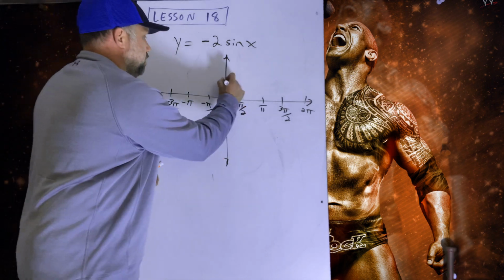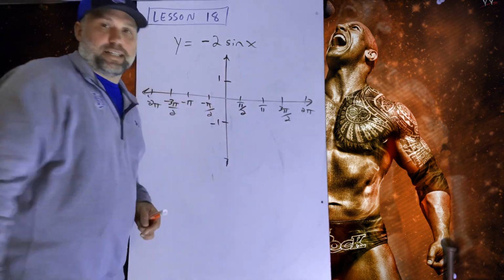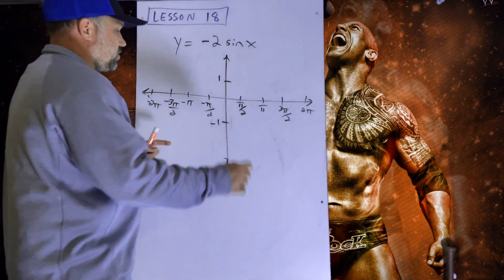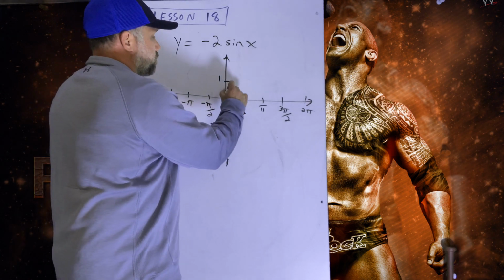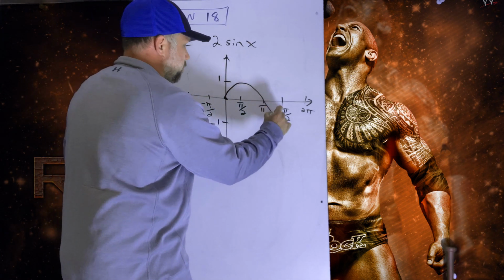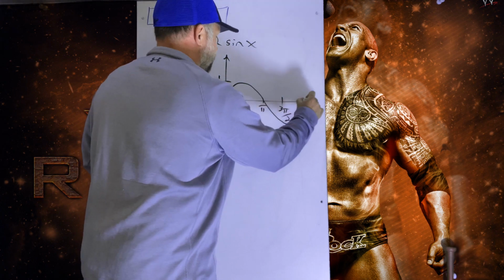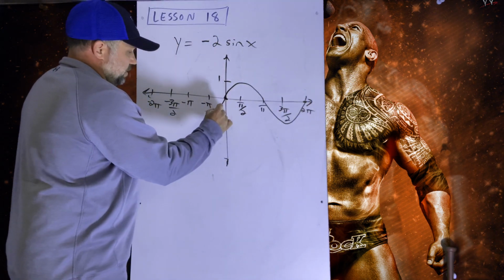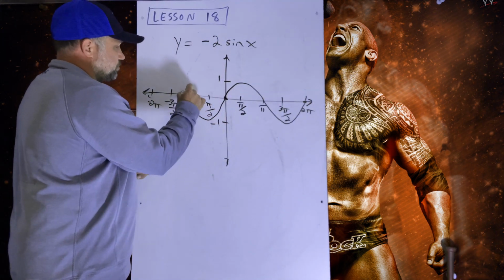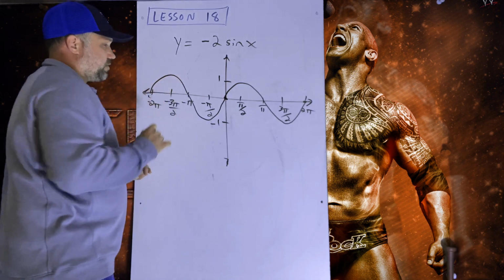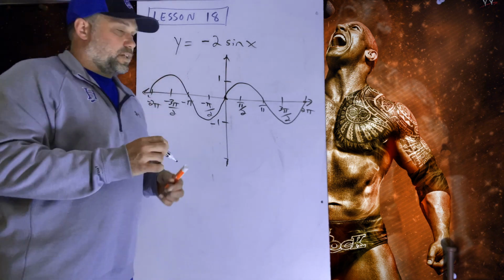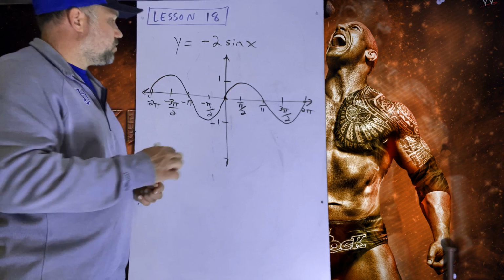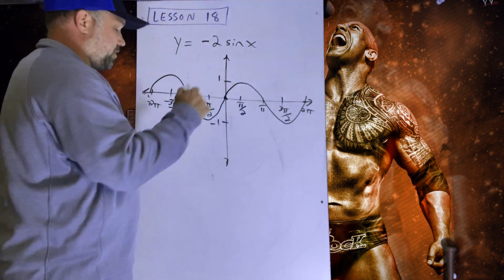Sine, all right, if you go around the unit circle like I did in lesson 17, sine starts here, goes up, comes down, goes down to -1 and finishes back here. And then on the negative side, it does that. So that was something I addressed in lesson 17, just going around the unit circle and grabbing their coordinates.